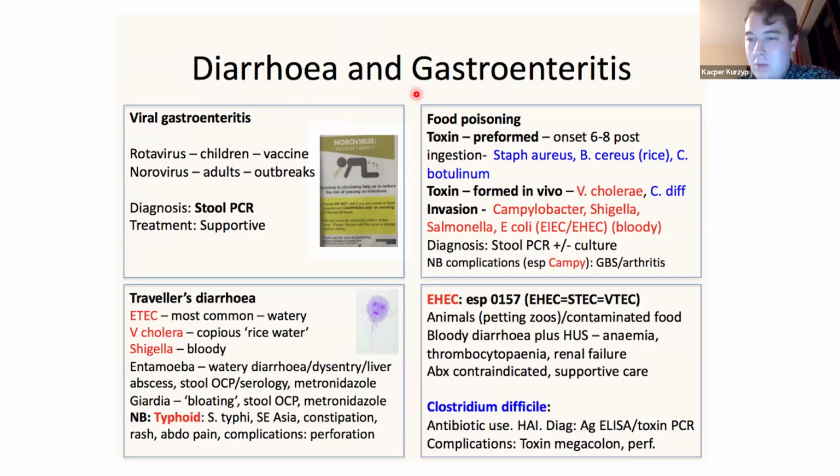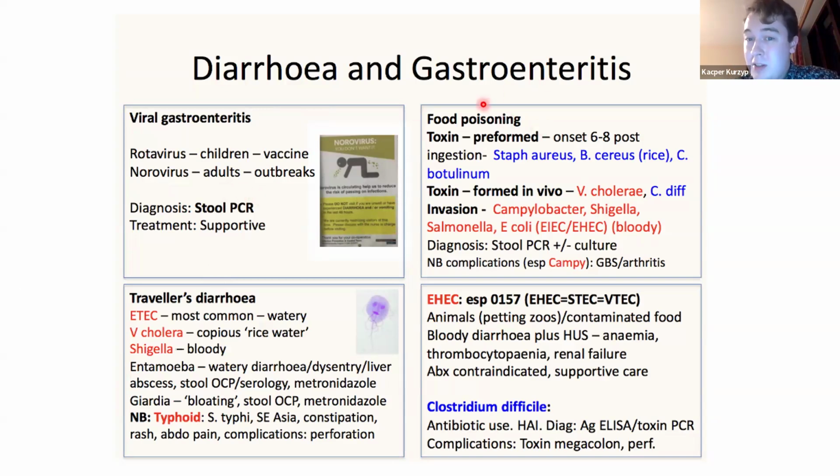So yeah, as we've discussed, there is the viral gastroenteritis: rotavirus, vaccine, kids in nurseries; norovirus, adults, wards with kids going out both sides, with vomit and the other thing going out both sides. The treatment for viral gastroenteritis is primarily supportive.